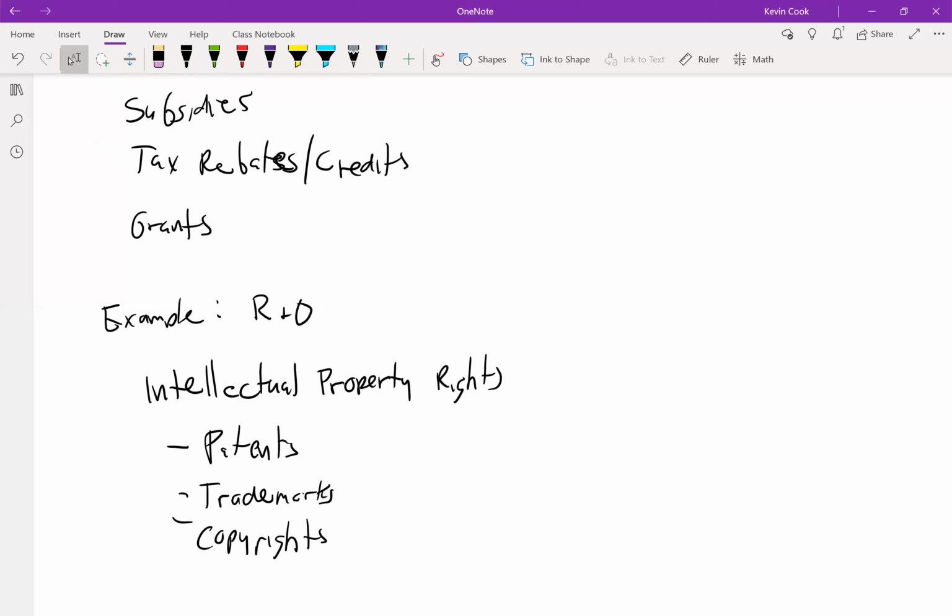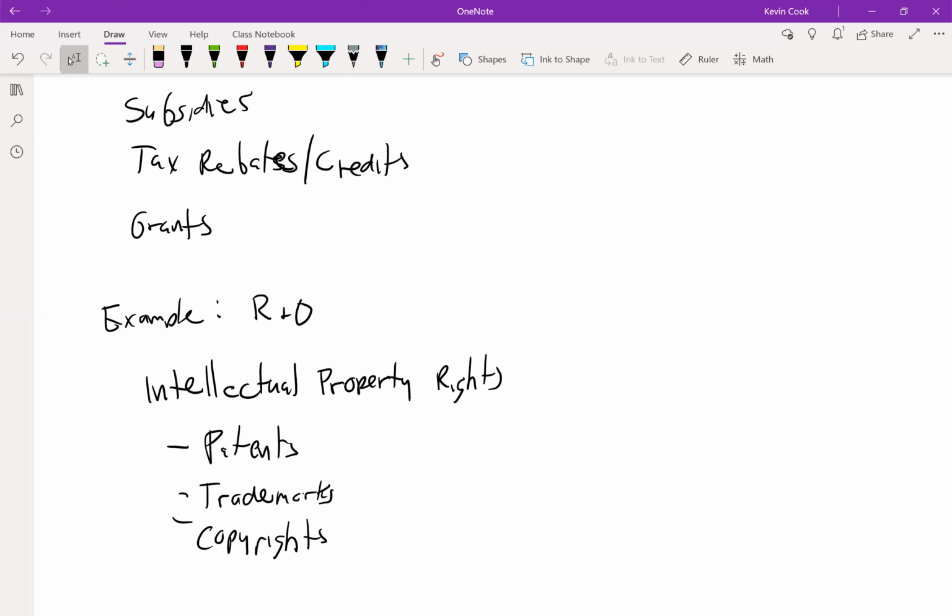But this can also help others, because after that patent is expired, maybe now others can use my idea and innovate off of it. Or maybe I allow somebody to innovate off my idea and someone else is able to benefit from my work. So those intellectual property rights help research and development.